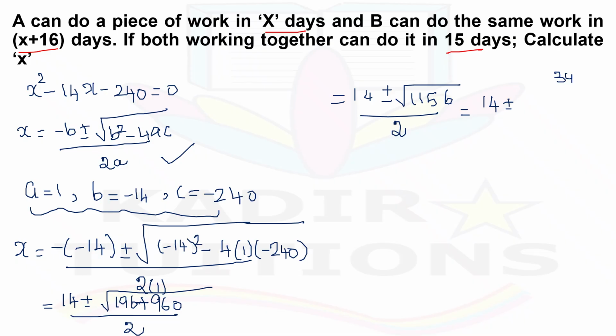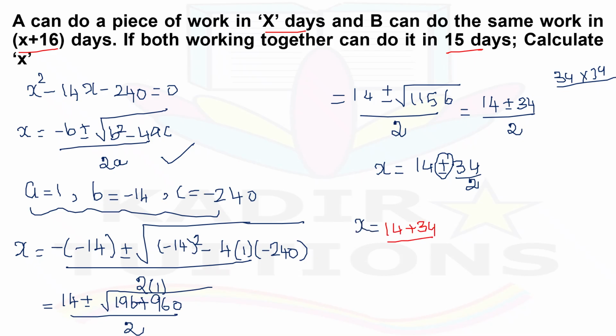So 34 squared is 1156. If you take the square root, we will be getting 34 over here divided by 2. So we got x equal to 14 plus or minus 34 divided by 2. So we will be having two cases, one with positive, another with negative. One value of x is going to be 14 plus 34 by 2.